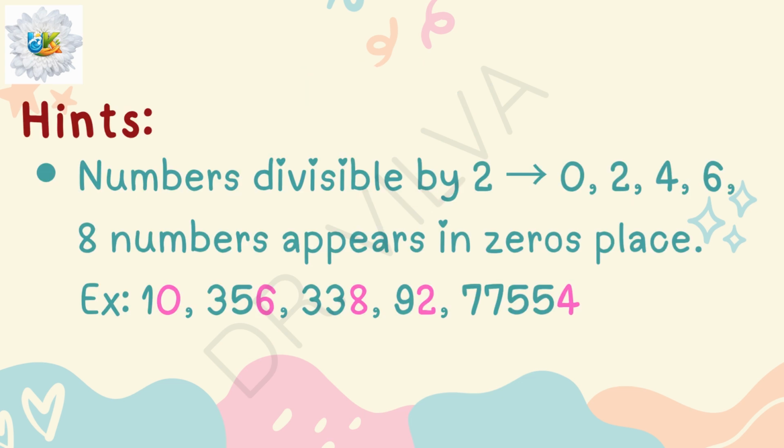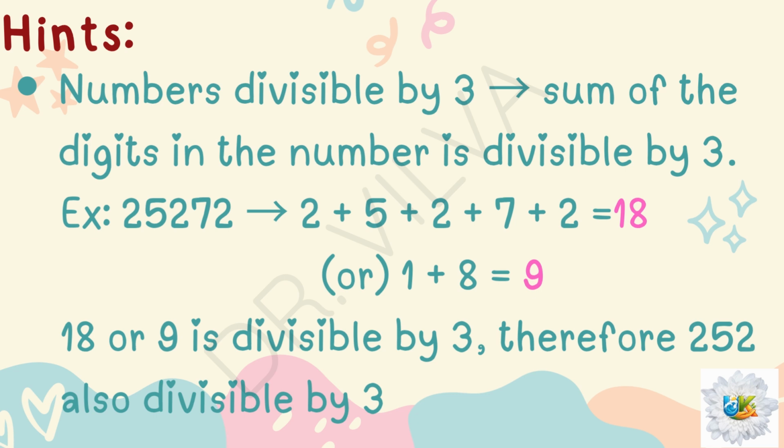Here are a few tips to help you factorize any integers. If an integer ends in 0, 2, 4, 6 or 8, it is divisible by 2. For the number 3, you can add each of the digits of the number together.